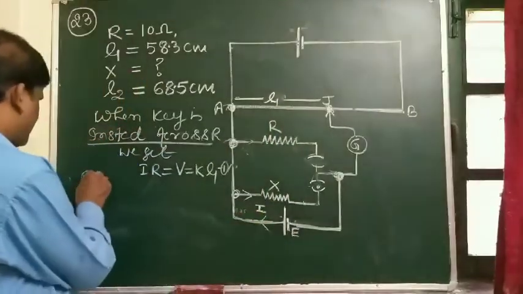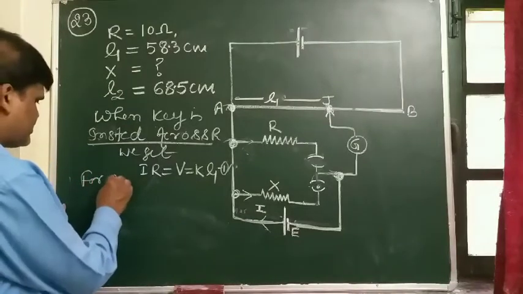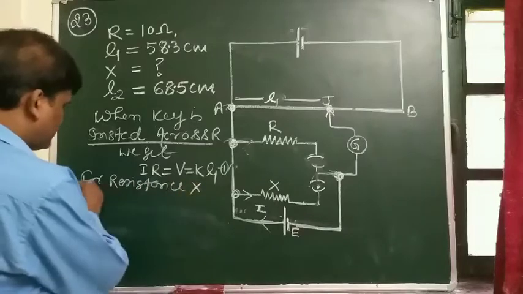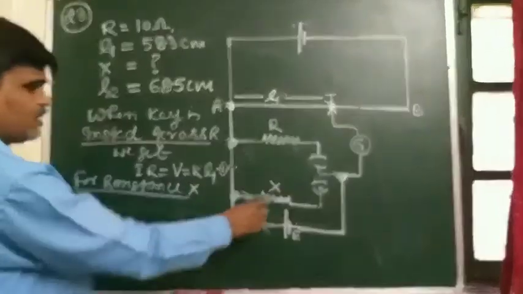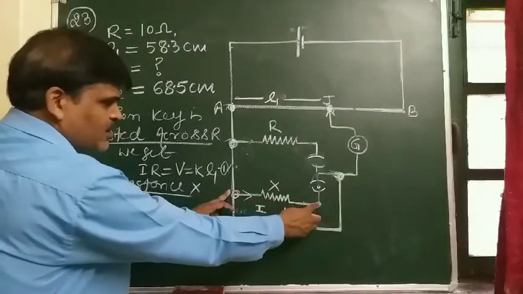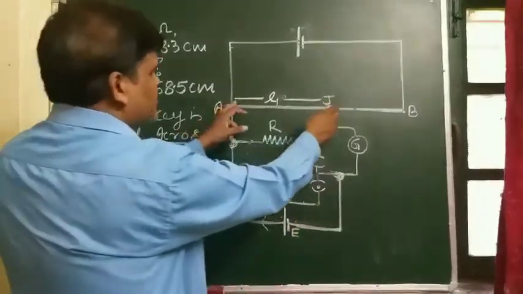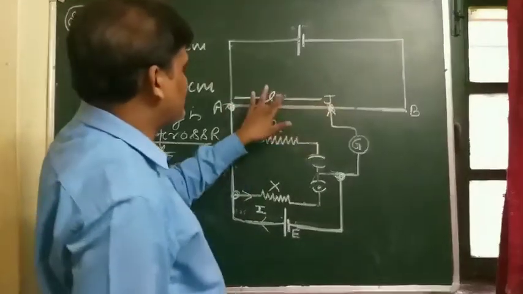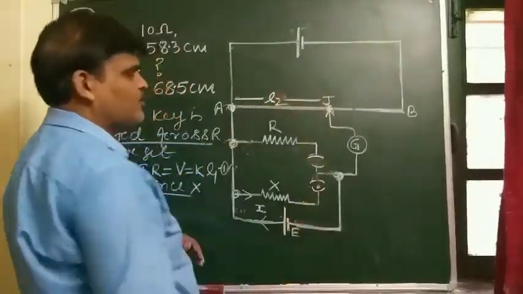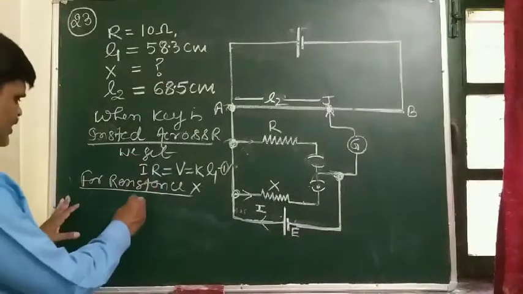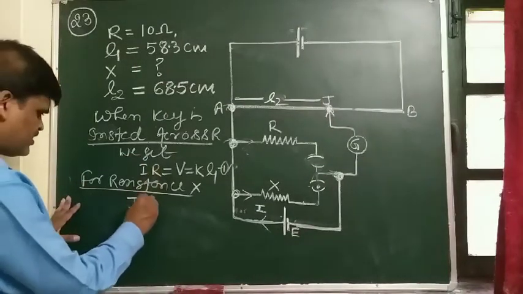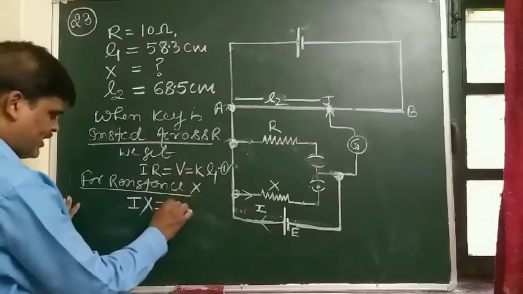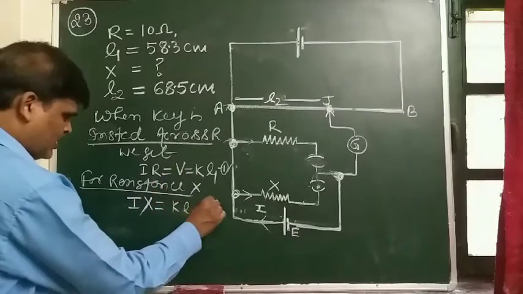So for resistance X, when X is inserted into the circuit, the terminal potential difference is equal to the potential difference across points A and J, and this point, suppose, is the L2 position. In the same way, the potential drop across the unknown resistance X, Ix, is KL2.